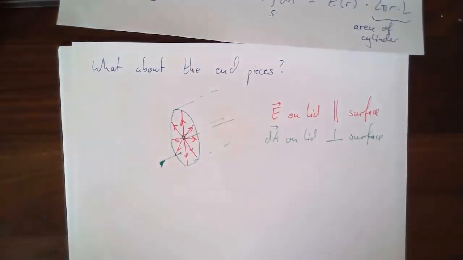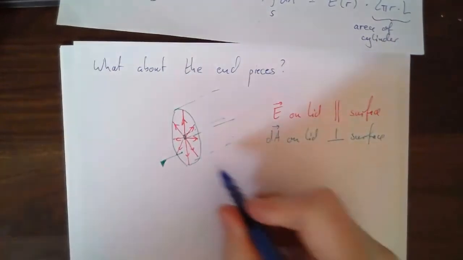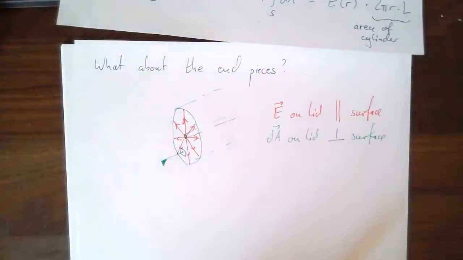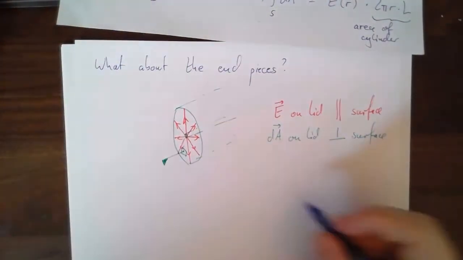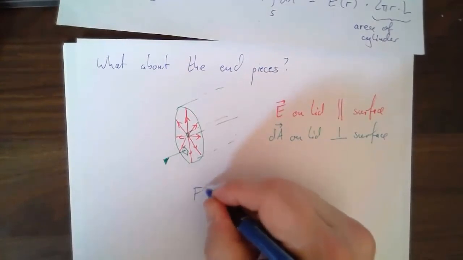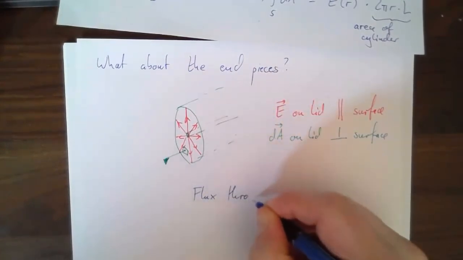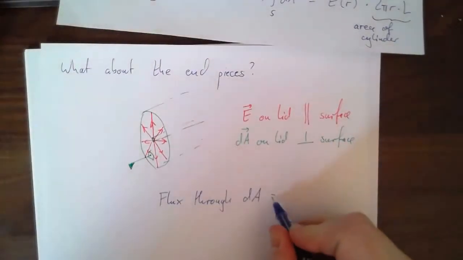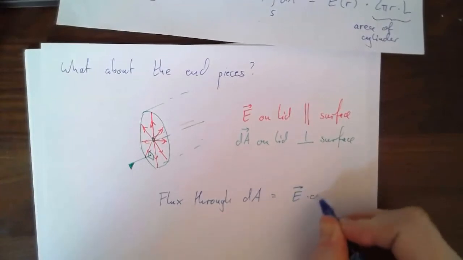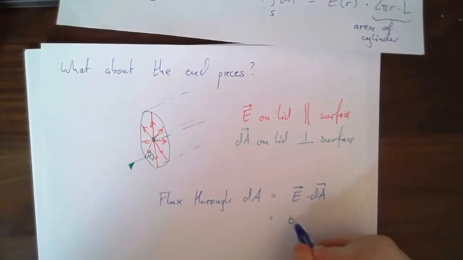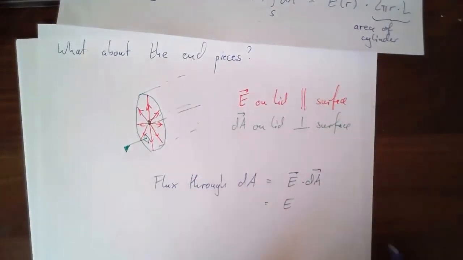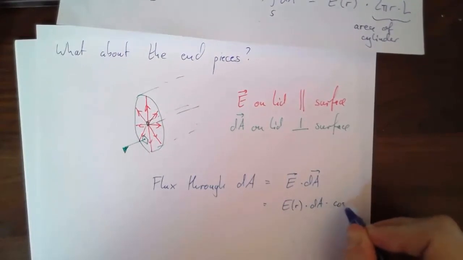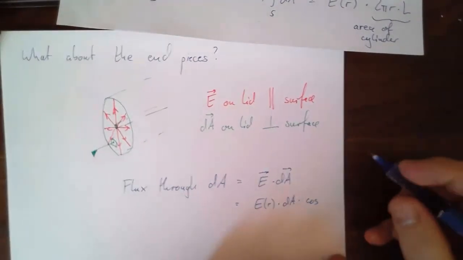So what does that mean? Let's figure out the flux of a little chunk of area here. What's the flux through that bit? Well, the flux through some tiny chunk dA is equal to E dot dA, which is the field strength, whatever that is, probably not 0, times dA times the cosine of the angle.